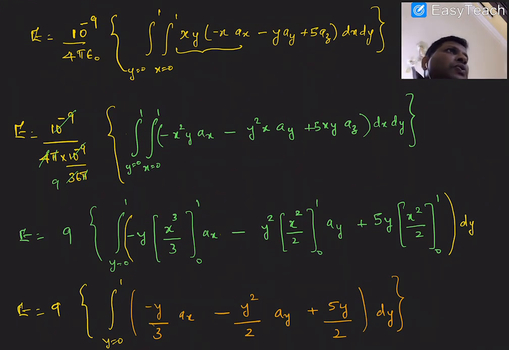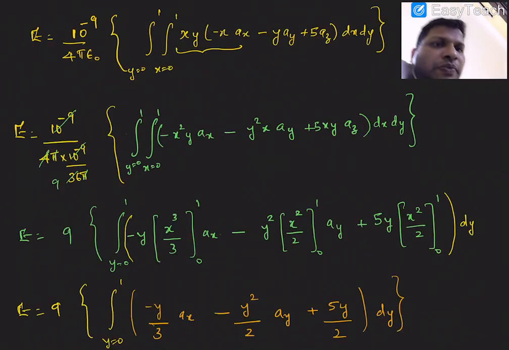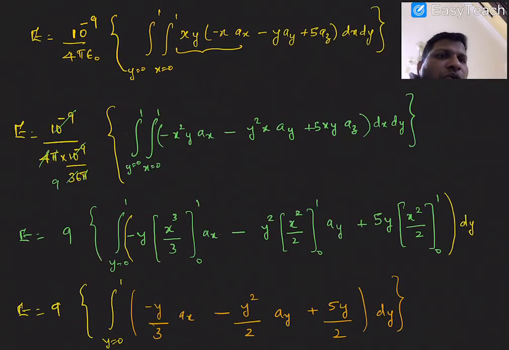So my electric field will be like, now E is equal to 9 into, if I integrate this, y varies from 0 to 1. Y times minus 1 by 3, that means I will take the integration of minus 1 by 3 into y; if I integrate with respect to y, I will get y square by 2.